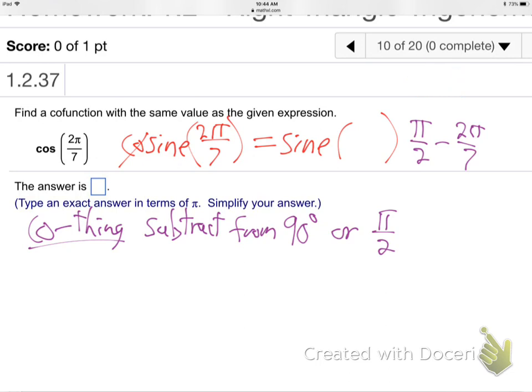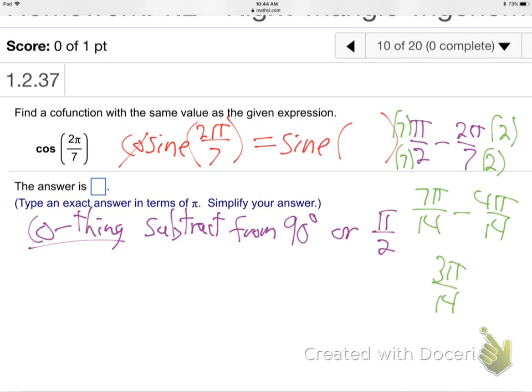All right, so how do you subtract two fractions by hand? Get a common denominator. I have to multiply top and bottom of this one by 7, this one by 2. And I get 7 pi over 14 minus 4 pi over 14, which is 3 pi over 14. But if you have the nice Casio Natural Display or one of those TIs, you could just type in 1/2 minus 2/7, and it'll tell you 3/14, and then just throw the pi back on.